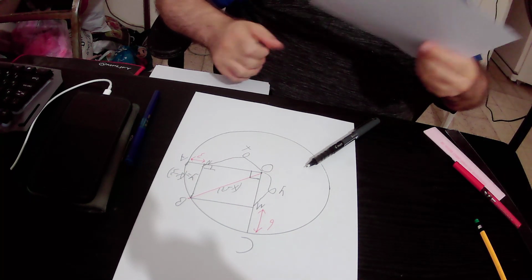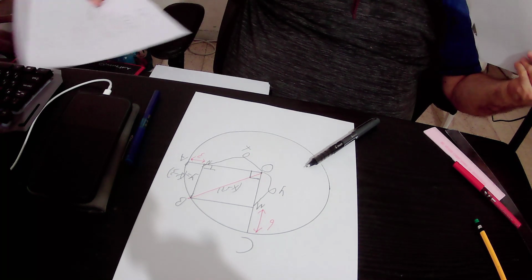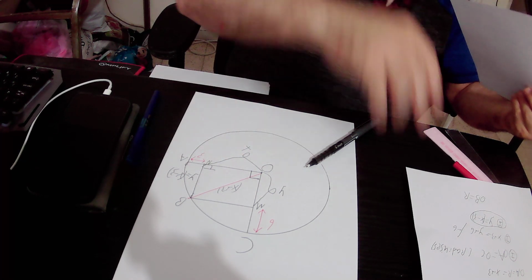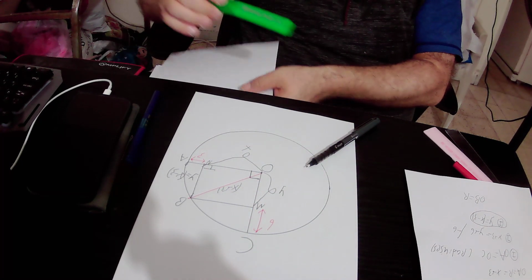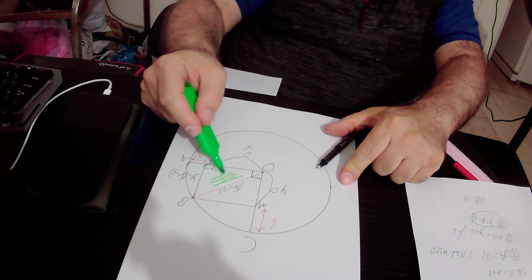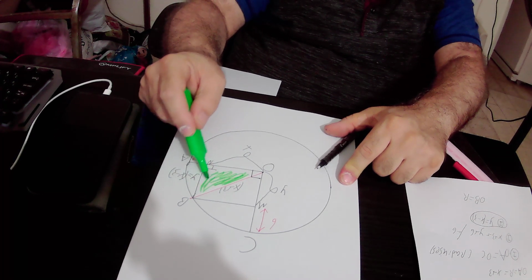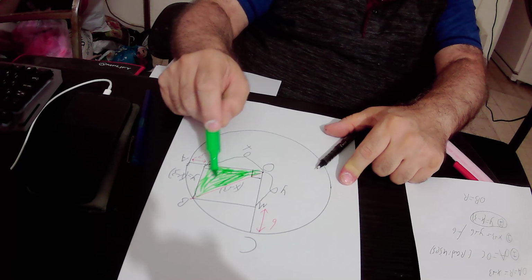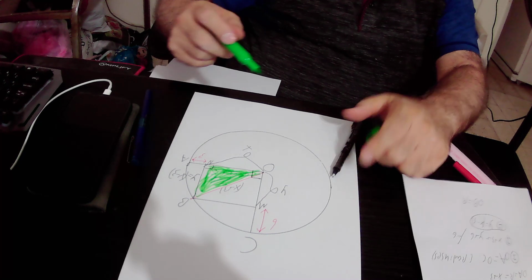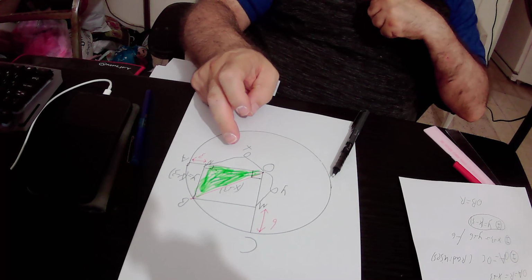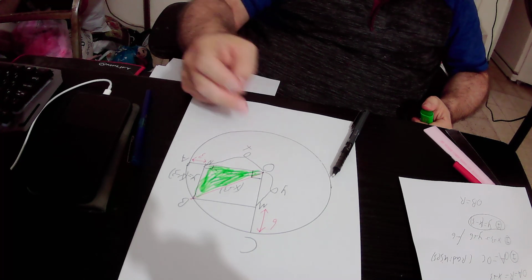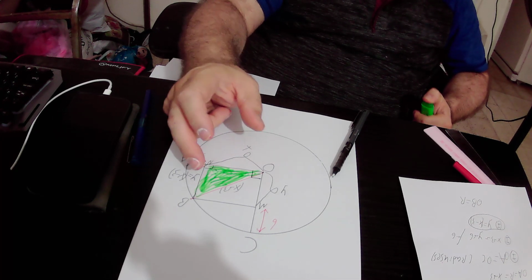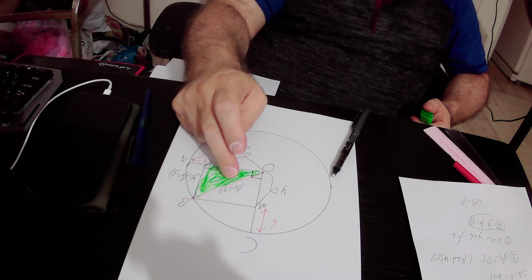Okay, so if we look now at the right triangle ONB, the right triangle ONB in the green color, we know that the side ON of the right triangle ONB equals x, side BN equals y, that equals x minus 3, and the hypotenuse of this right triangle equals x plus 3.